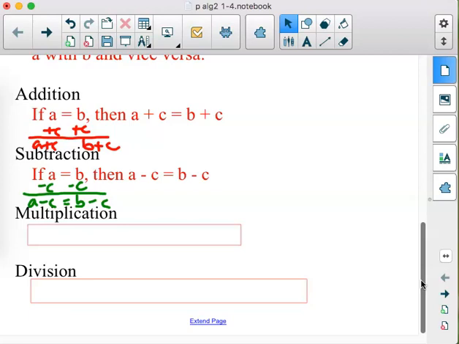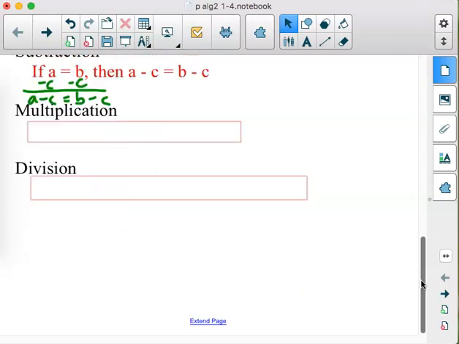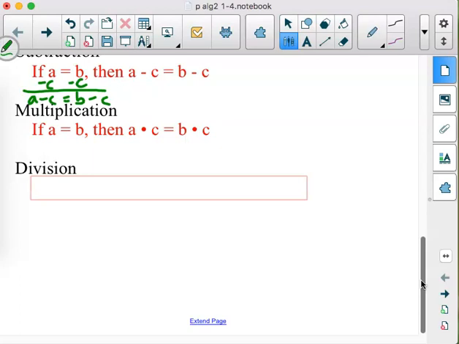Multiplication. When we're solving, sometimes we have fractions attached to our x's, because we're multiplying by them. And so sometimes we want to multiply by the reciprocal to get those out of there. So we look at it and say, okay, my equation is A equals B. I am going to multiply both sides by something. Let's just say we multiply both sides by 2.